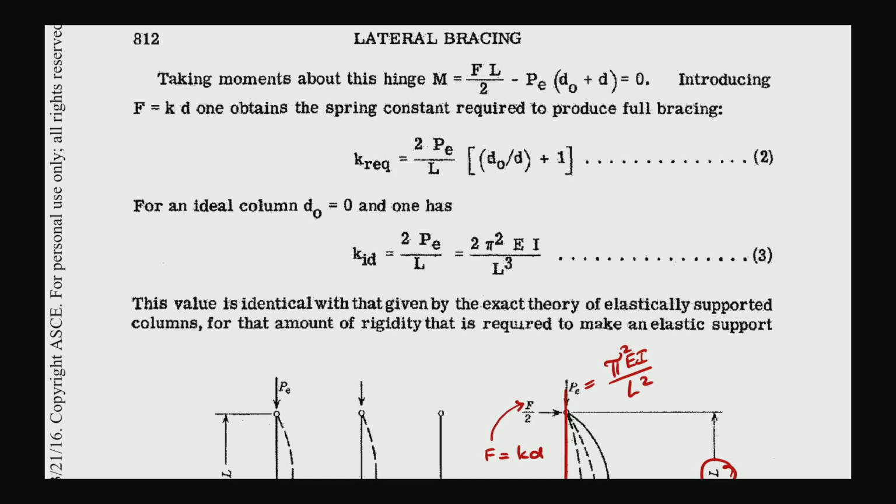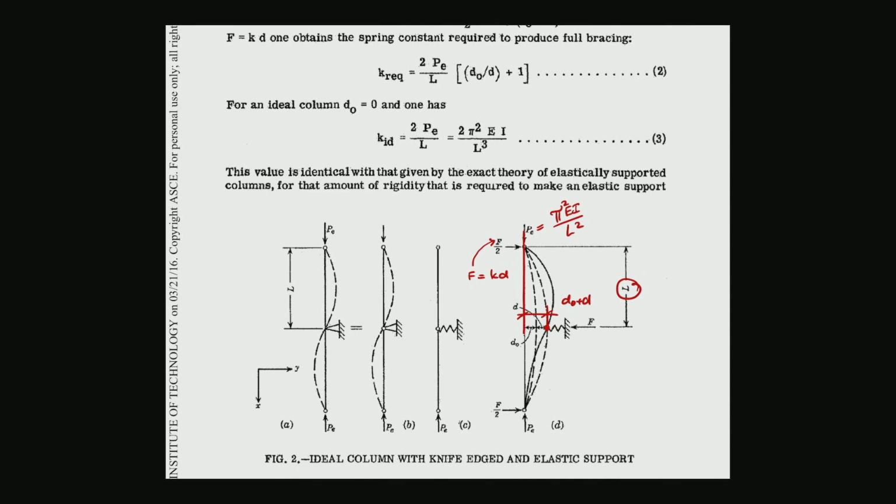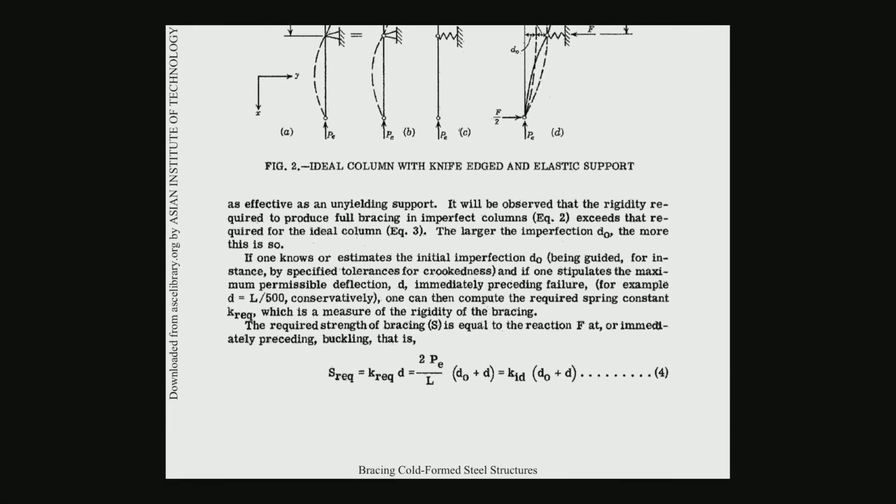The longer the L is, the K will be smaller. This value is identical with that given by exact theory of elasticity for supported columns, for that amount of rigidity that is required to make an elastic support.